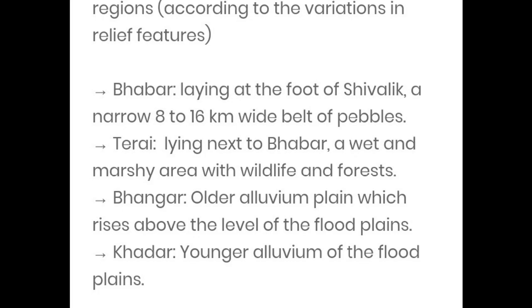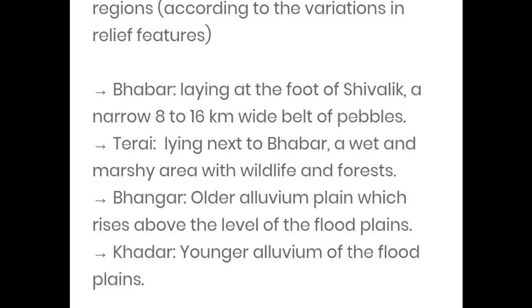So this is all about the northern plains. We have done the features of the northern plains, and then the divisions of the northern plains. We have divided the northern plains on two different bases. The first was based on rivers, and the second was on the basis of variations in relief features.